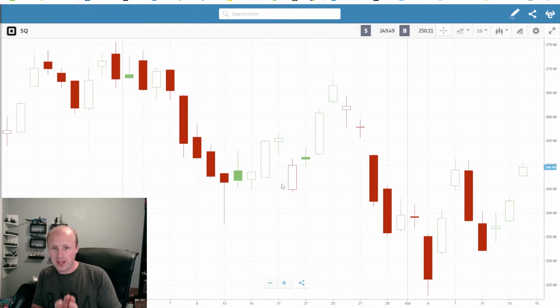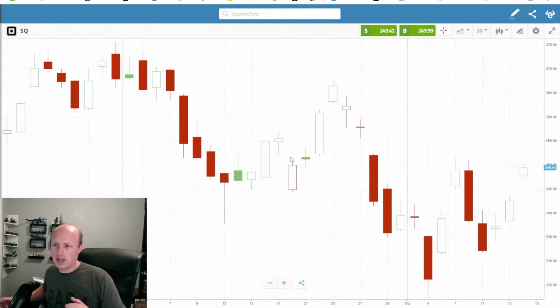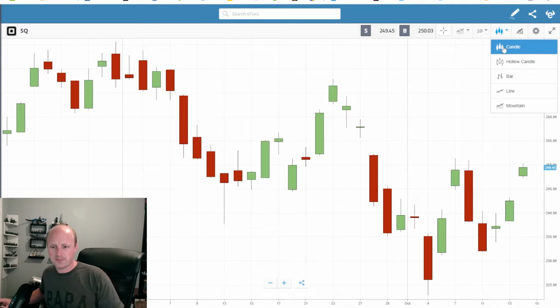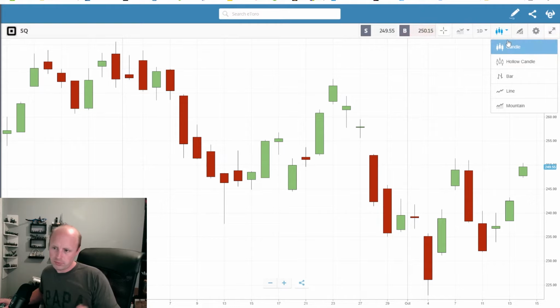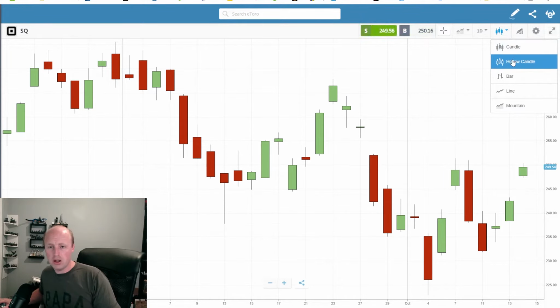Now the difference with that is that the filled candles are effectively what we've just seen as red candles. Okay, so on the traditional candle chart that we were looking at just here, any red candle that we see on here, if you then flip over to hollow, will be a filled candle.